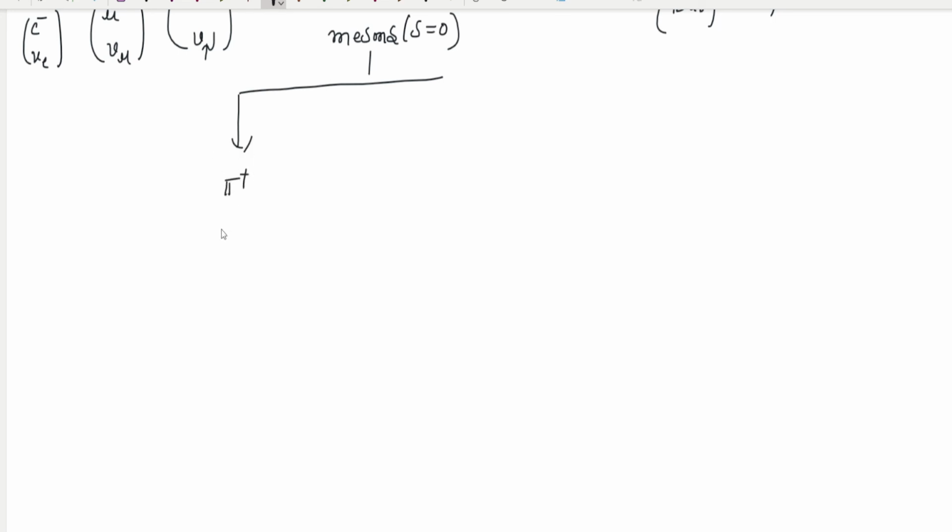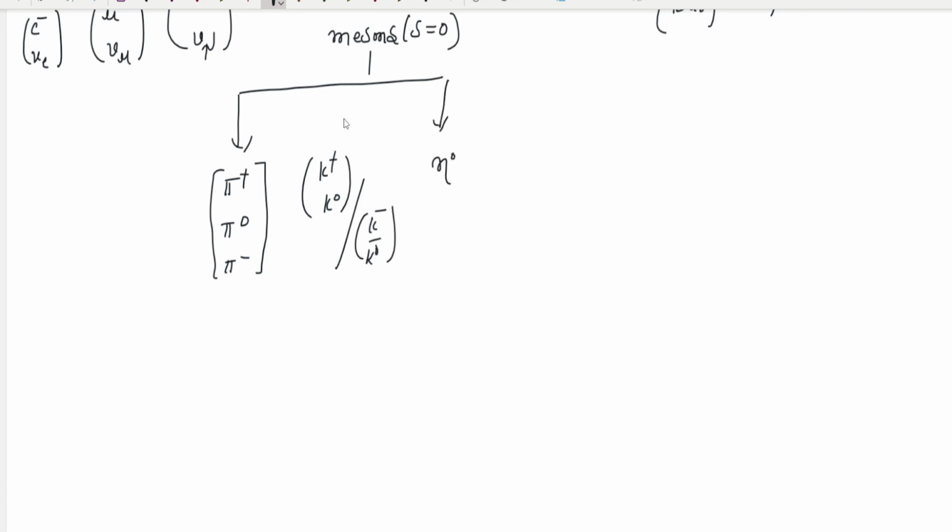Pi plus, pi 0, pi minus, and K plus, K0. This is one set of group, this is another set of group, and this is another set of group.